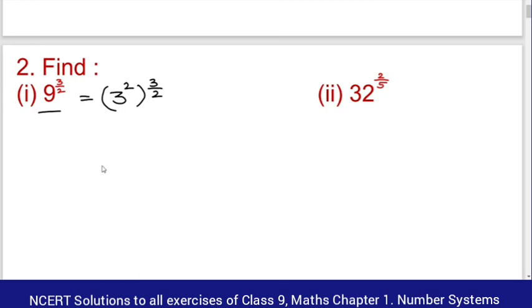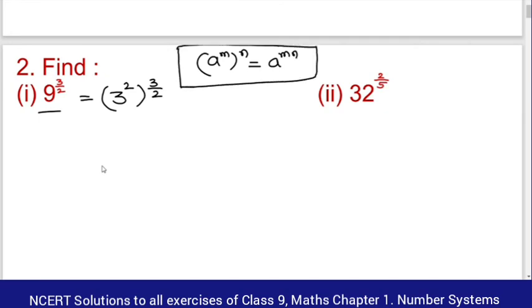Here we will be using the formula a raised to m to the power n is equal to a raised to m into n. So this will be equal to 3 to the power 2 into 3 by 2. 2 gets cancelled. Remaining is 3 to the power 3, which is equal to 27.